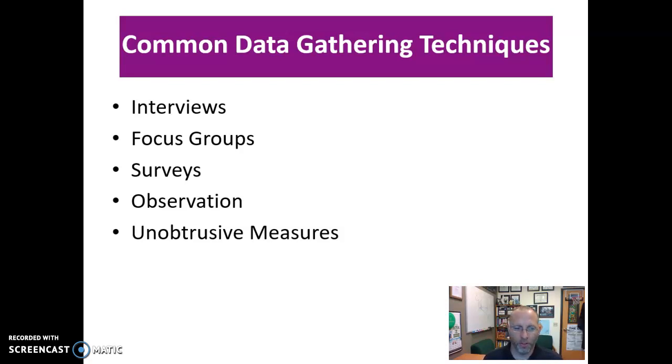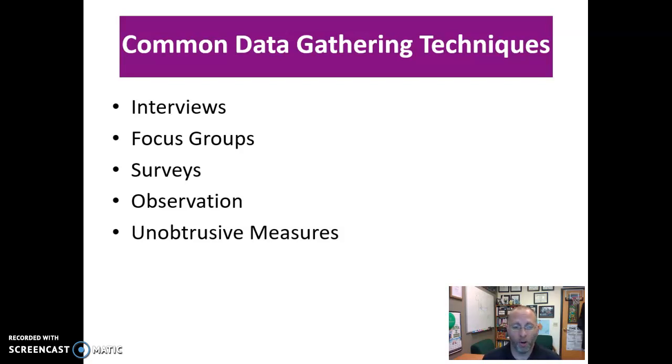Focus groups are also generally considered qualitative research, and they're similar to interviews, but instead of a one-on-one or a two-on-two setting, focus groups tend to have a larger group of people. You'll have the facilitator asking questions. You get to see the group dynamic of the people in the room and how they respond and how they interact with each other. Usually you'll have a facilitator and another person taking notes.